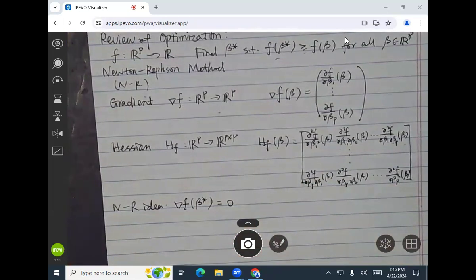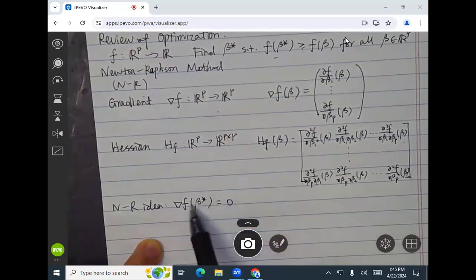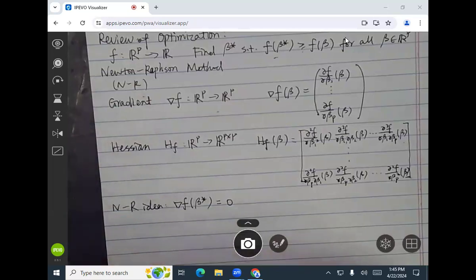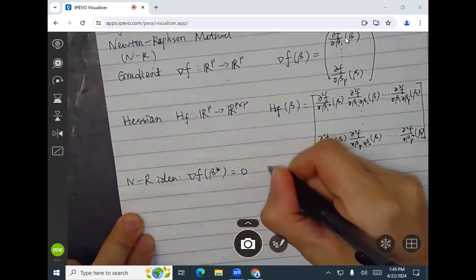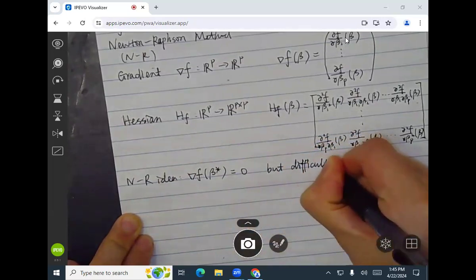That's what we want. But why can't we just directly do it? The reason is if you take the gradient of f and set it to 0, you may not be able to solve it. This equation is not easy to solve. That's the challenge here. So how do we approximate it? The idea is Taylor expansion, which is a very nice way to turn the problem into a polynomial problem. Okay, this is the goal, but difficult to solve.